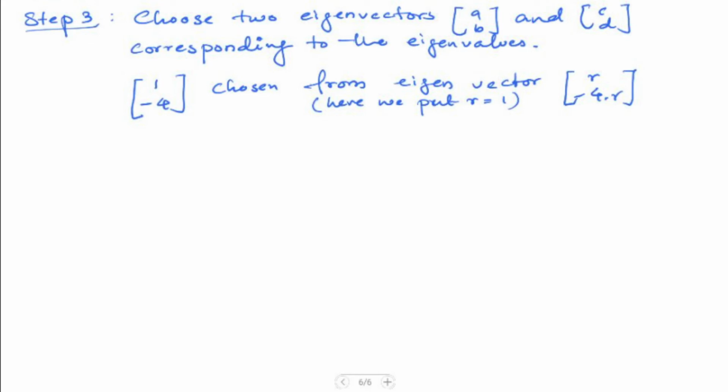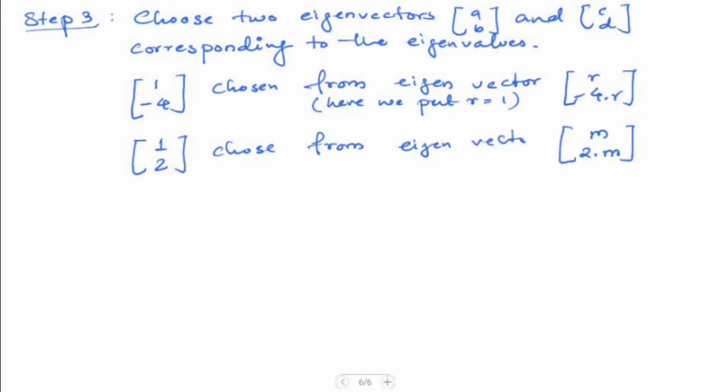Now, if we take the next one, that is M and 2 times M, again I could choose M to be 1. In that case, I would have 1, and 2 times 1 is 2. So I can write it again here, chosen from the eigenvector M, 2M, where we put R is equal to 1 again.